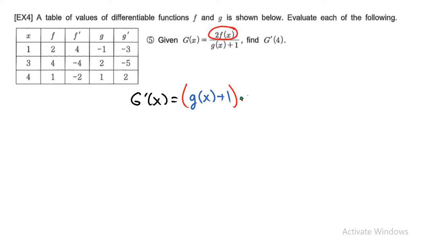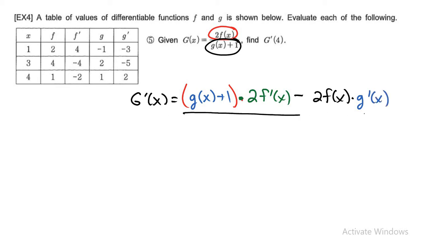The derivative of that is going to be 2 times f prime of x, minus the numerator, which is 2f of x, times the derivative of the denominator, and that derivative is simply going to be g prime of x, all over the denominator all squared.